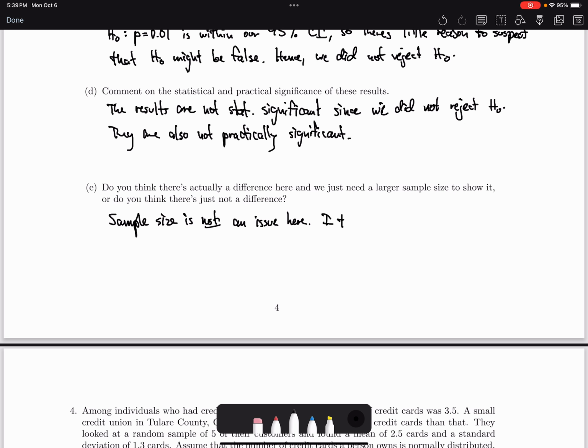I think there's simply not a difference to detect. Okay. So that'll do it for that one.